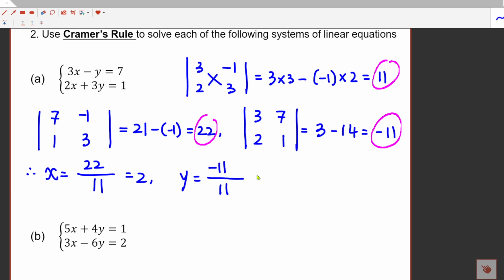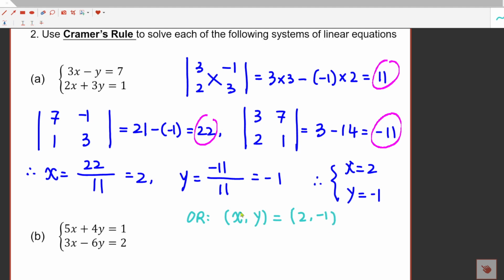And that means y equals -1. Therefore, the final solution is x equals 2, y equals -1, right? And of course, you could use another notation. You could also say the solution is this pair, (x, y) equals (2, -1). So you could use either one, okay?